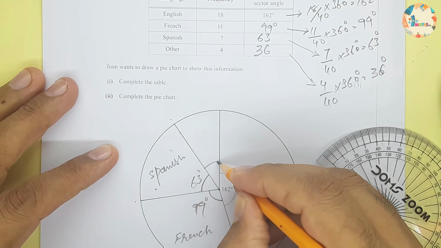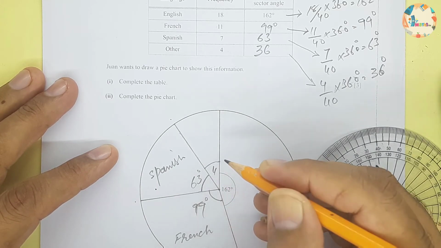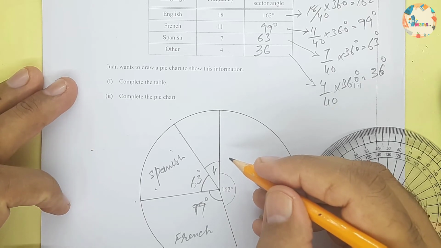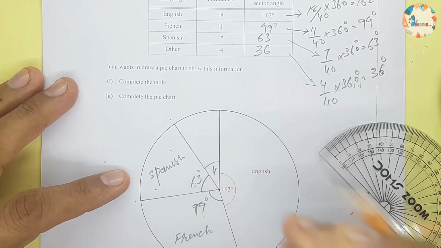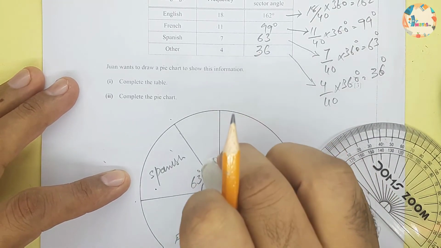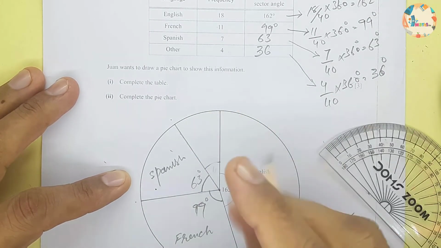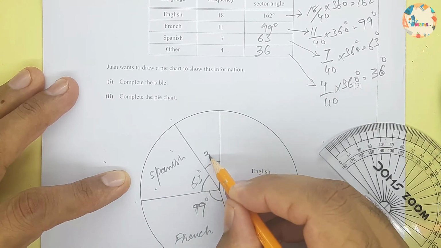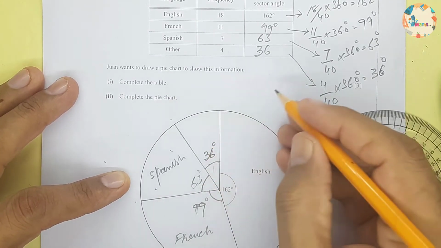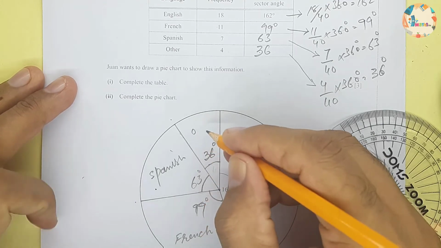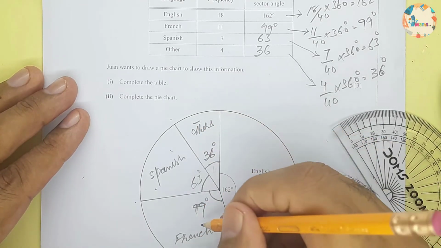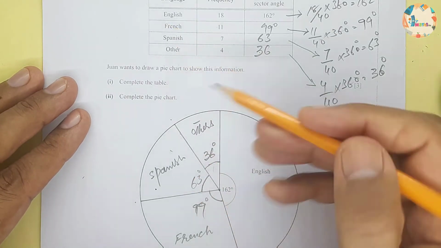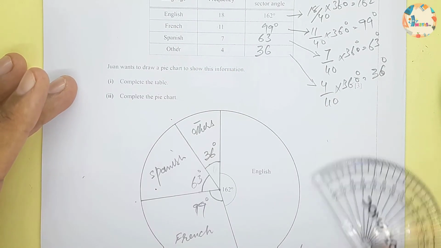Now this remaining angle is not 4 degrees, this should be 36 degrees. So this angle is 36 degrees. We will mention over here 36 degrees, and 36 degrees is others. So everything is properly done.